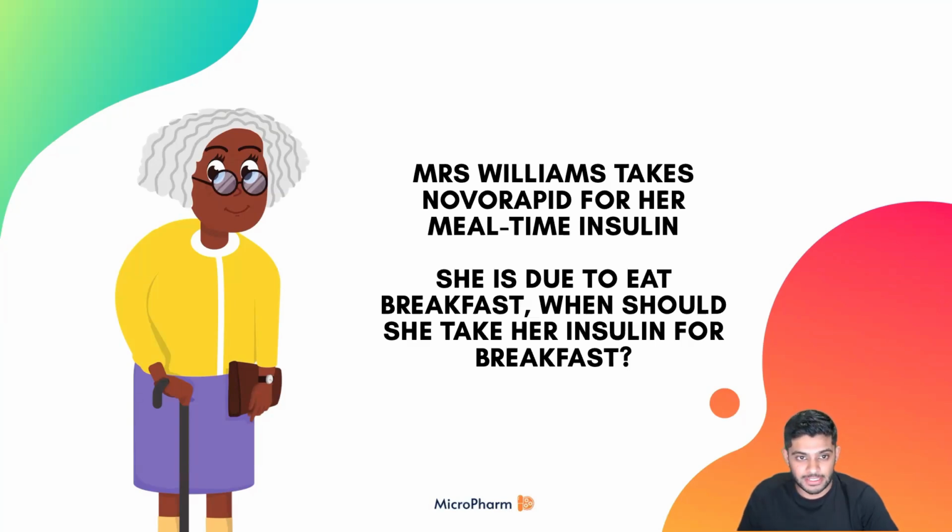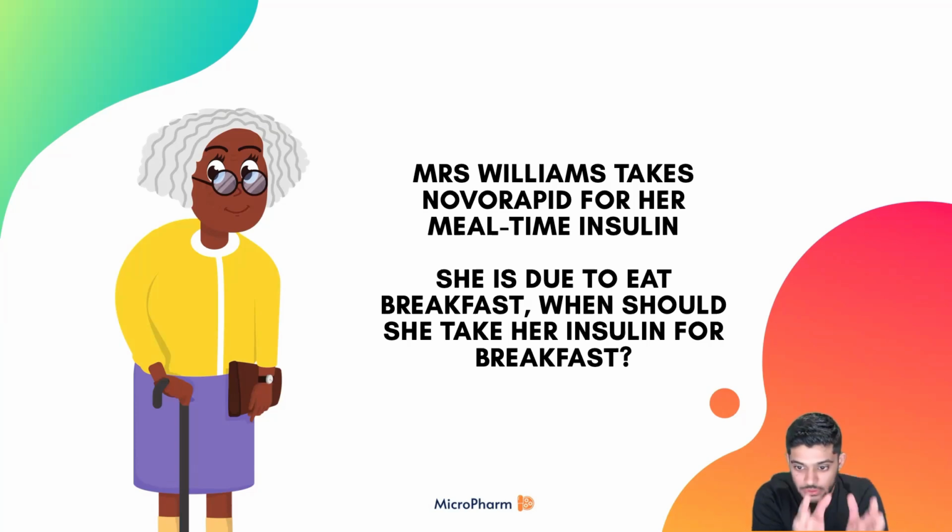Rapid is faster than short acting insulin. Absolutely. So every time you see the term soluble insulin, that's referring to short acting insulin. Soluble insulin is relatively slower in terms of onset of action, in terms of its peak onset of action. It has a longer duration of action as well.